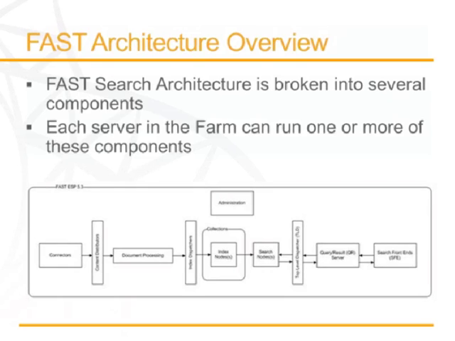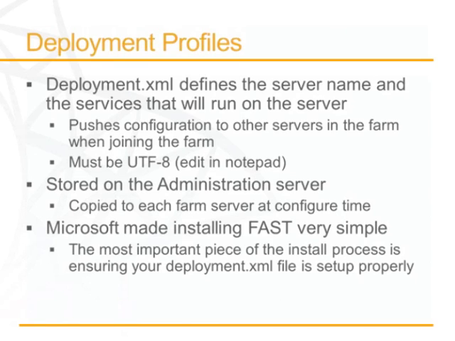And how we do that is the deployment.xml file. Now, I brought it up a few seconds ago. The deployment XML file, when you're deploying Fast Search, is the single most important file that you must get right. Otherwise, you're going to have a really nasty time later on trying to figure out how do I move this, how do I put this over here. You must get that correct.